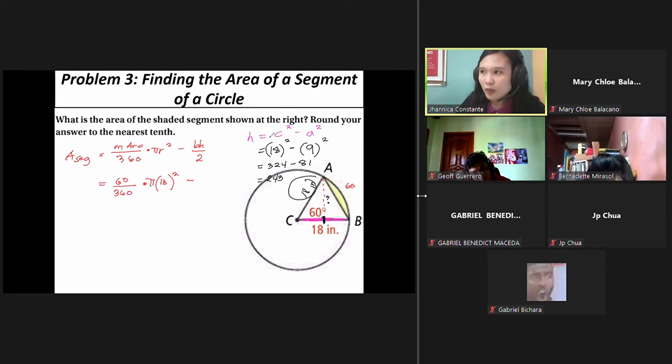Get the square root of 243. So the square root of 243 is equal to 15.59. So that is our height for the triangle that we have on the circle.